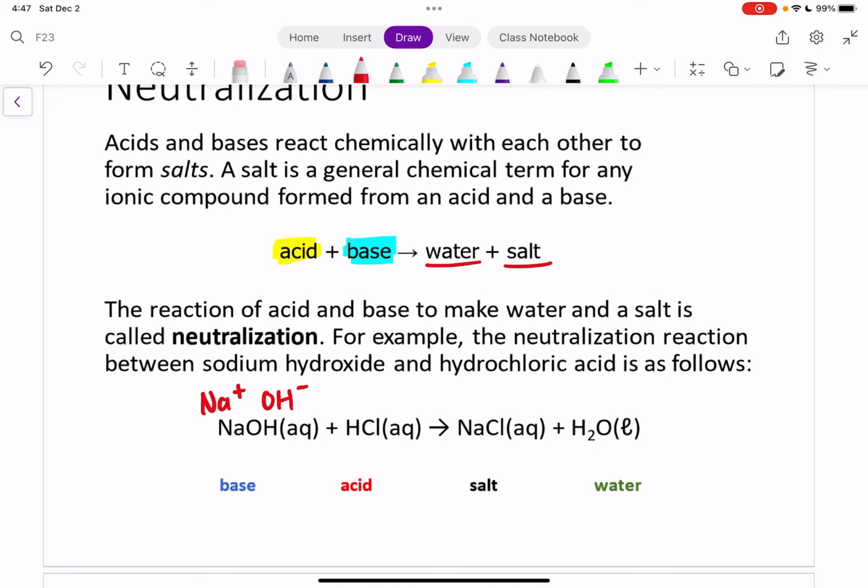It's that difference in attraction that's going to make them want to bond. So same idea here. We've got H plus and Cl minus bonded together. And what ends up happening is you're not going to want to bond two negatives. So our positively charged ions are actually going to want to switch places. And that's what is happening in this chemical reaction. So our hydrogen is going to want to switch places with our sodium.